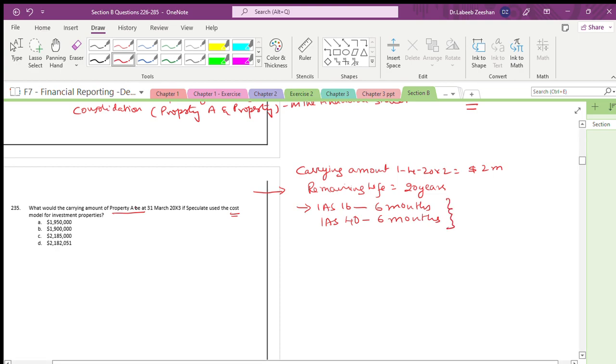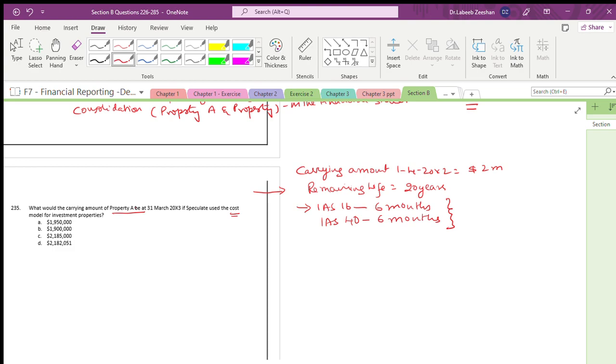While we are talking in terms of things, we have to take what they have made, the revaluation. If that is the case, it will not make any difference on the fair value. Fair value will become irrelevant. We have to take the cost model, as well as the revaluation.